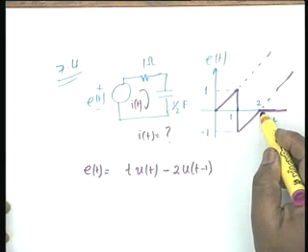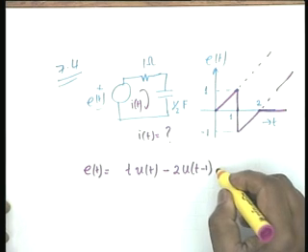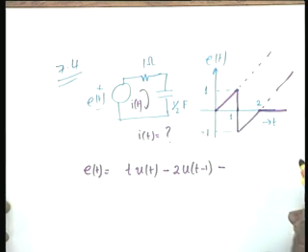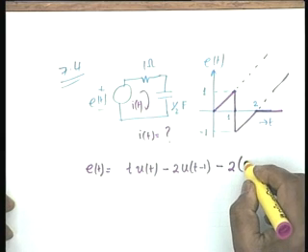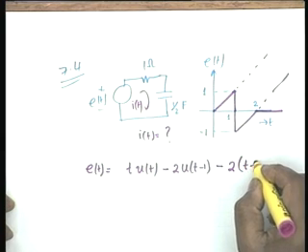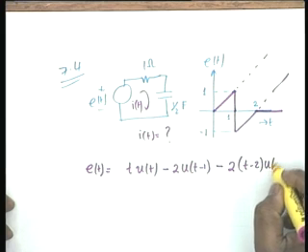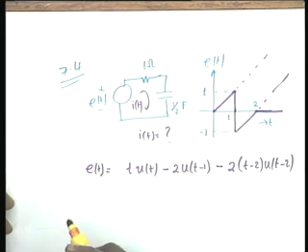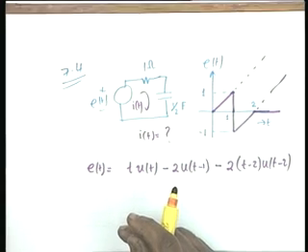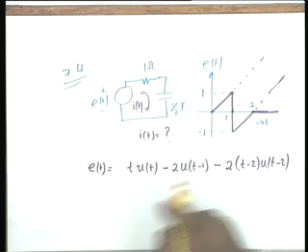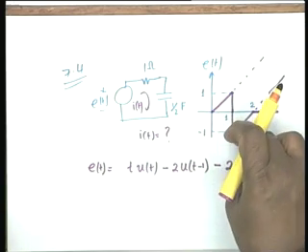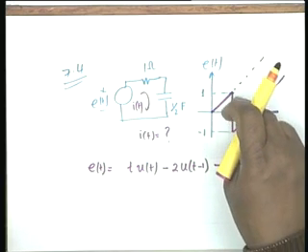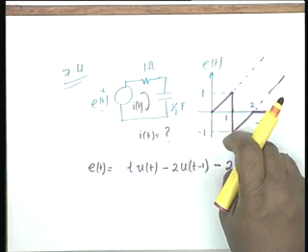Then at t equal to 2, I want to kill the ramp, and therefore I subtract t minus 2 u of t minus 2. Agreed? You can do this by inspection. The second term is only to bring this ramp down by 2 units to minus 1.